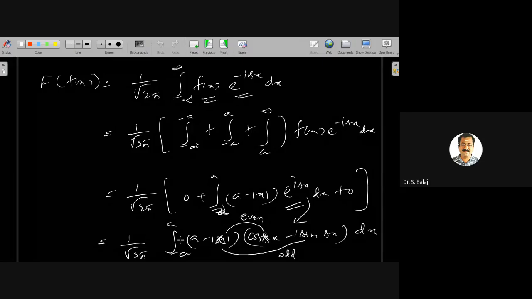So we have 1 by root of 2 pi times the integral from minus a to a of a minus mod x times e power minus isx. Here e power minus isx can be written as cos sx minus i sin sx.